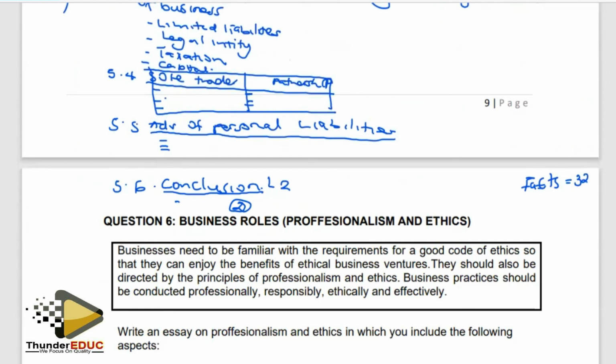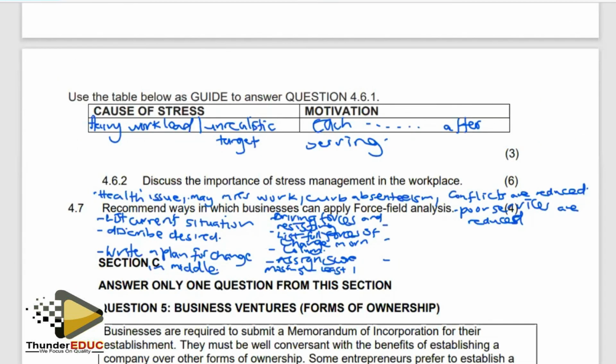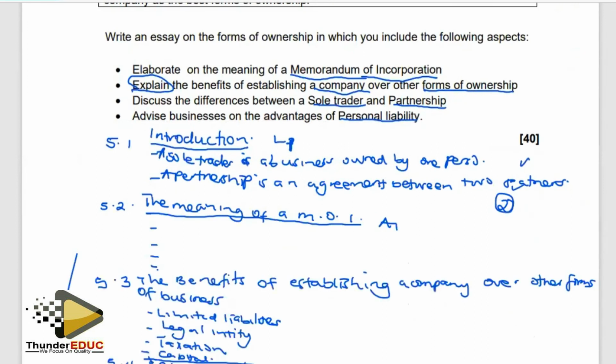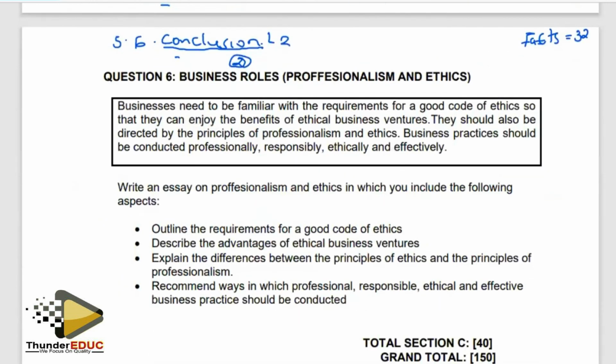The 32 marks includes the 2 marks for introduction and the 2 marks for conclusion.